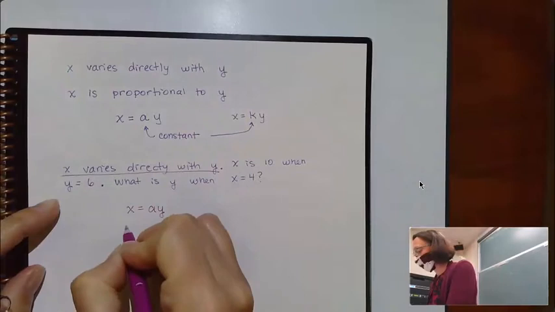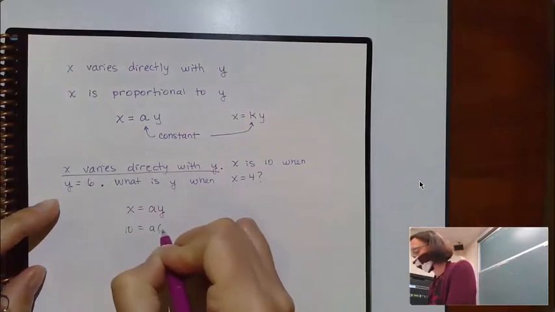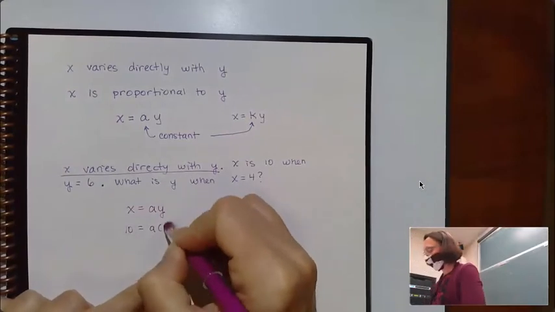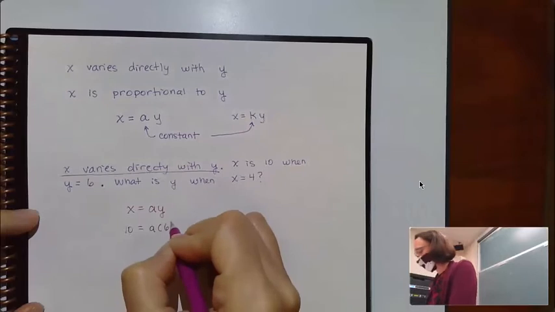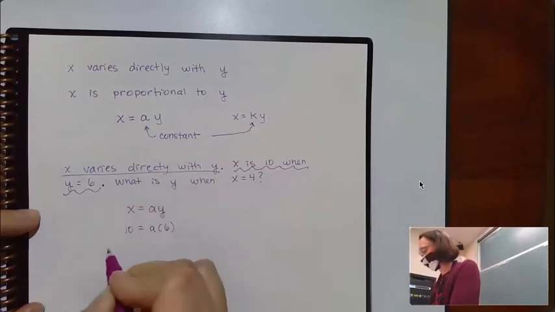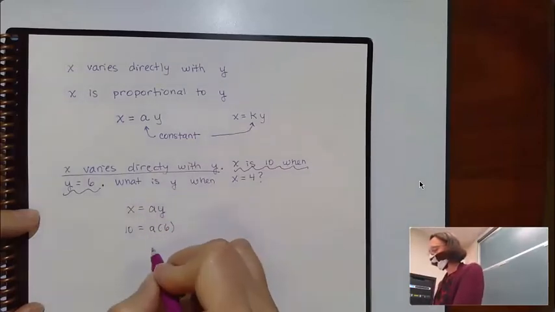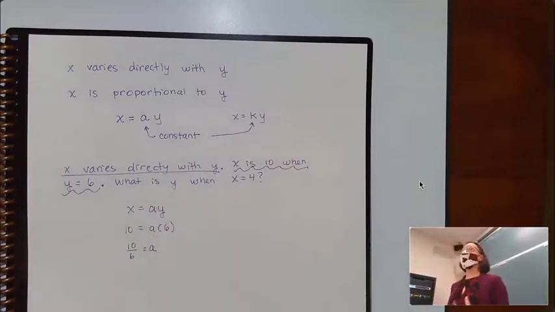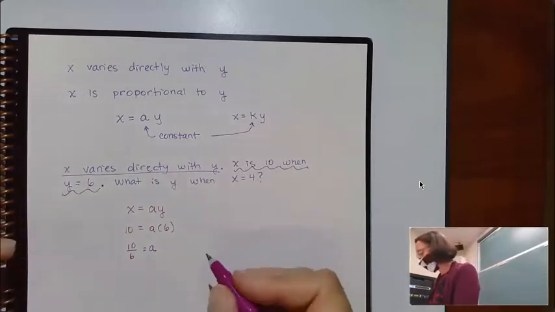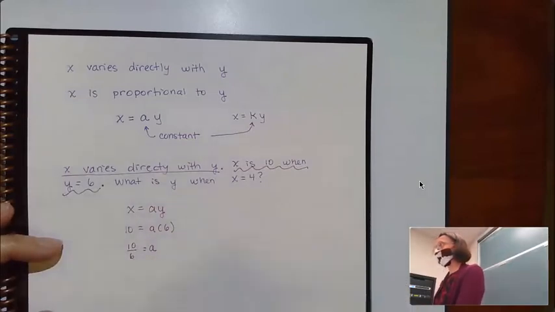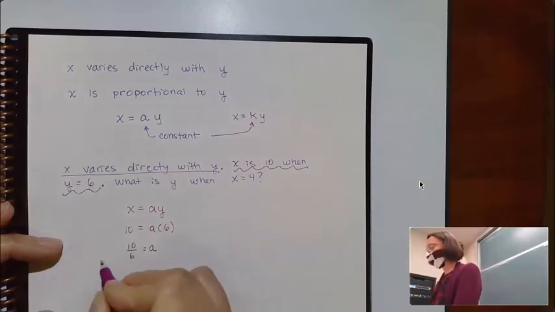If I plug in 10 for x and 6 for y, that corresponds to what that second sentence says, which means my value of A is 10 over 6. I could say that's the ratio, or that's the constant of proportionality. By the way, we could reduce that because 10 and 6 can both be written as something times 2, so that's equivalent to 5 thirds.